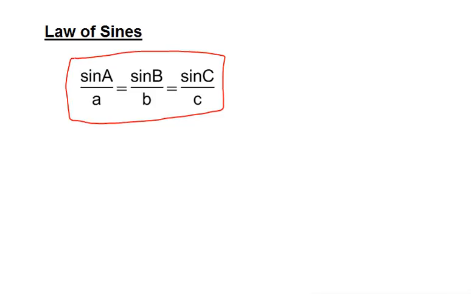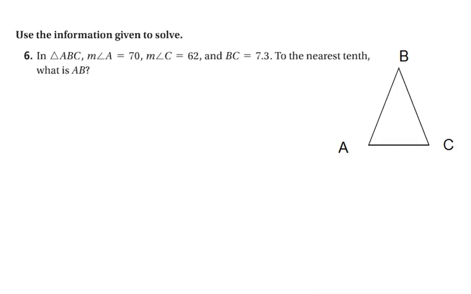Ready for some examples? Awesome. Okay. This says, in triangle ABC, measure of angle A is 70, measure of angle C is 62, BC. Remember what BC means? The length of segment BC is 7.3.